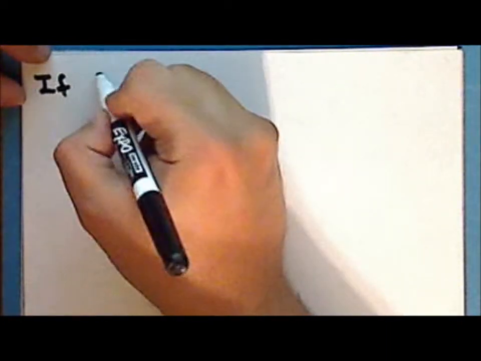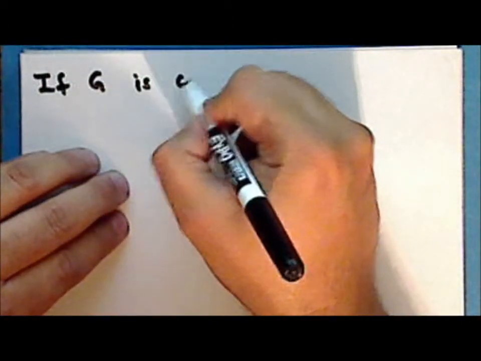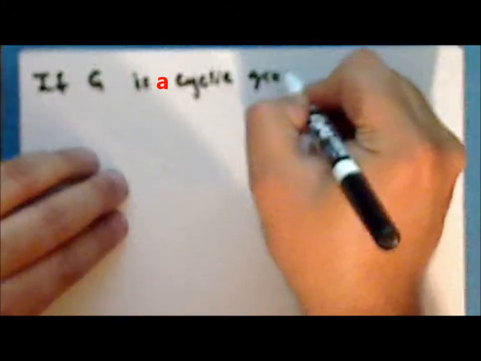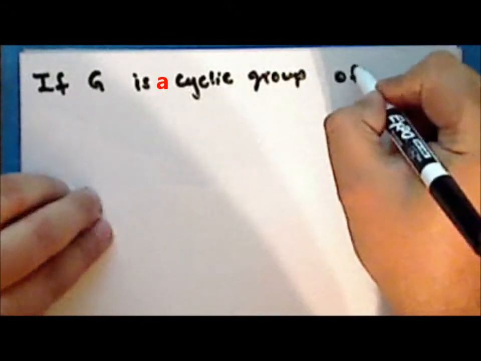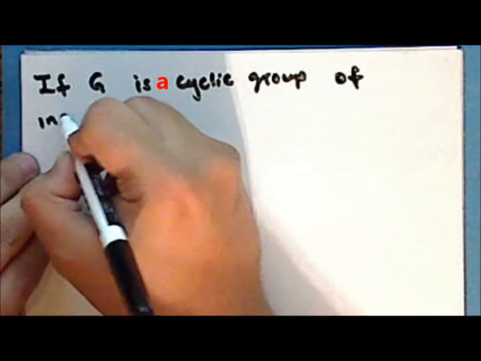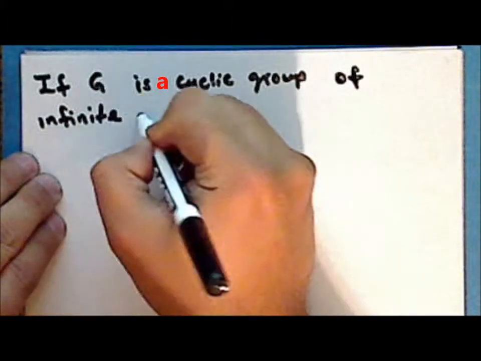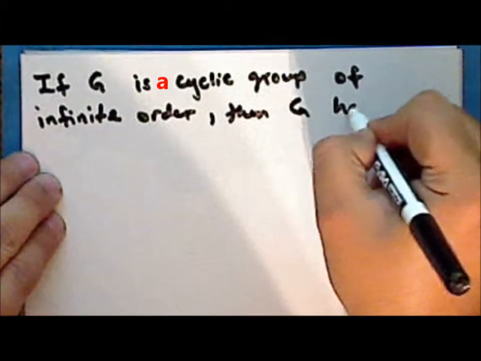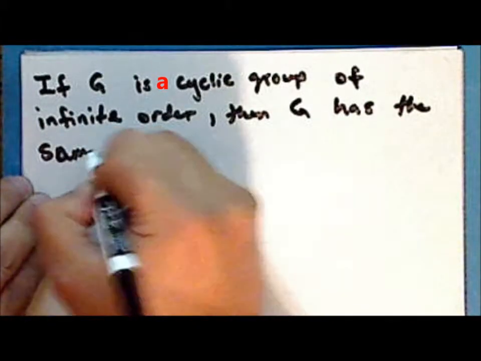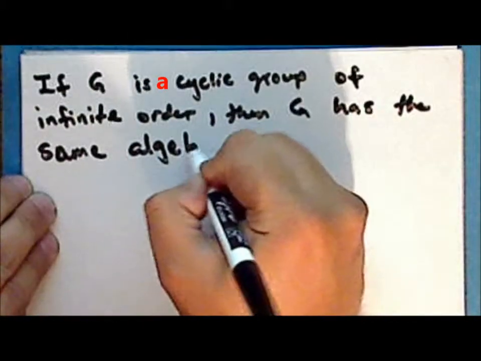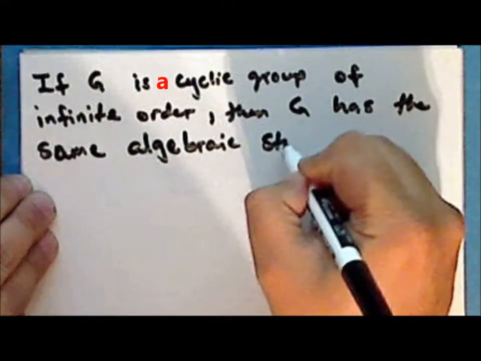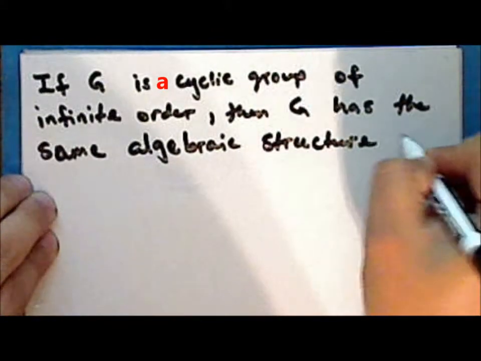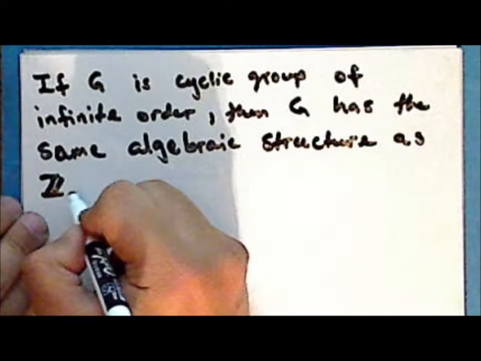In particular, if G is a cyclic group of infinite order, then this group has the same algebraic structure as the integers under addition.